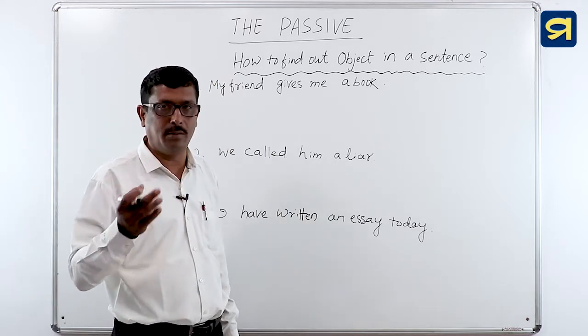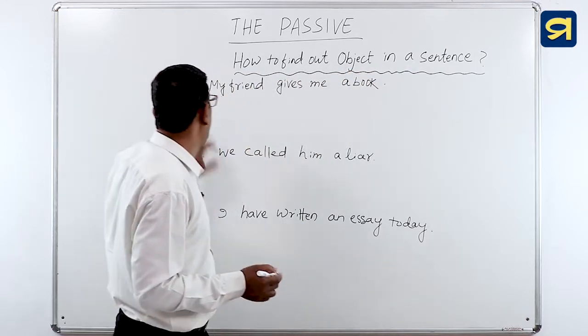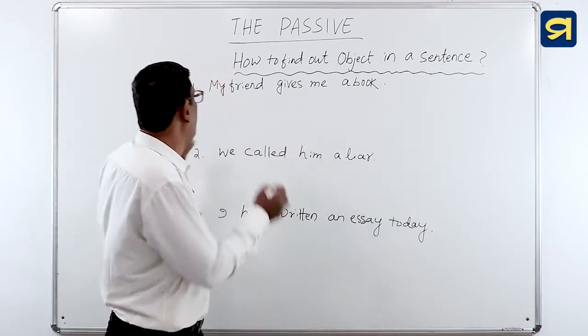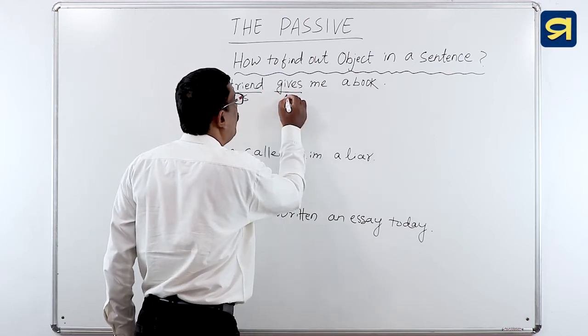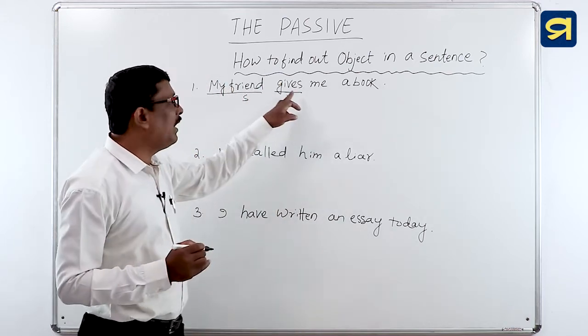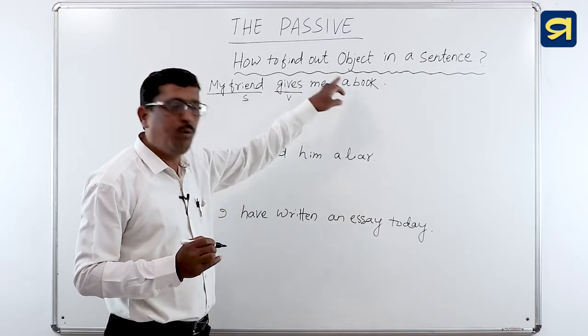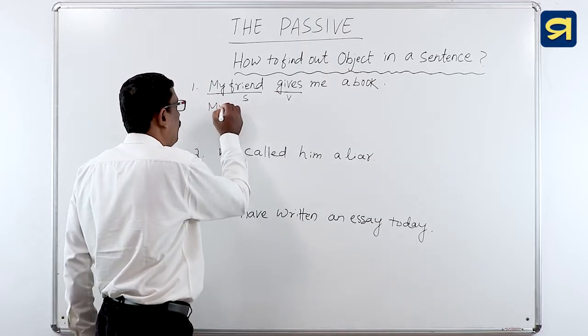Now we are going to discuss how to find the object in a sentence. First sentence: My friend gives me a book. Here, my friend is the subject and gives is the verb. After the lexical verb, by using who, whom or what, we will get the object. We will make a question right now.